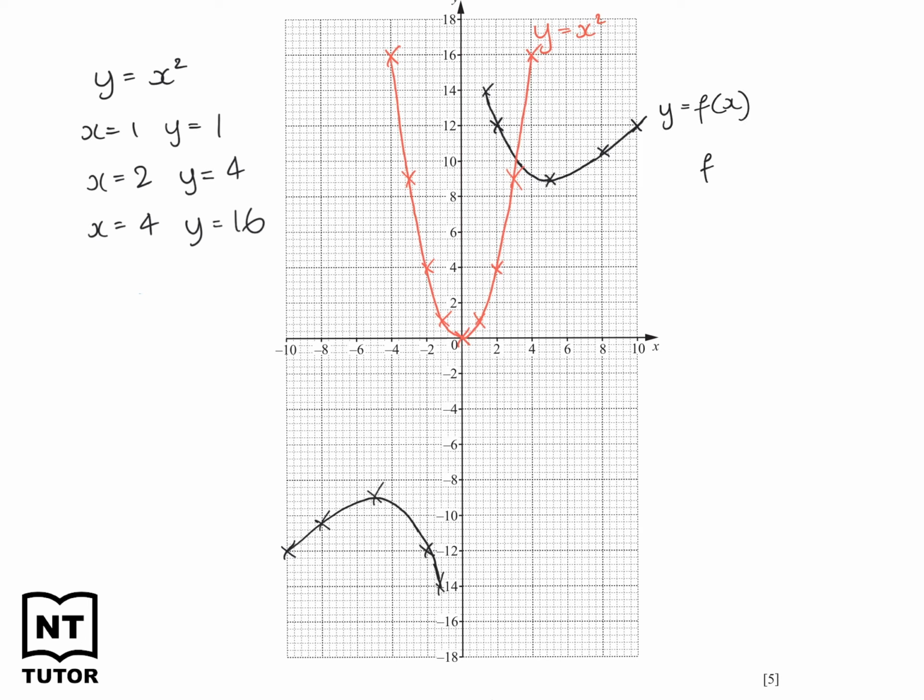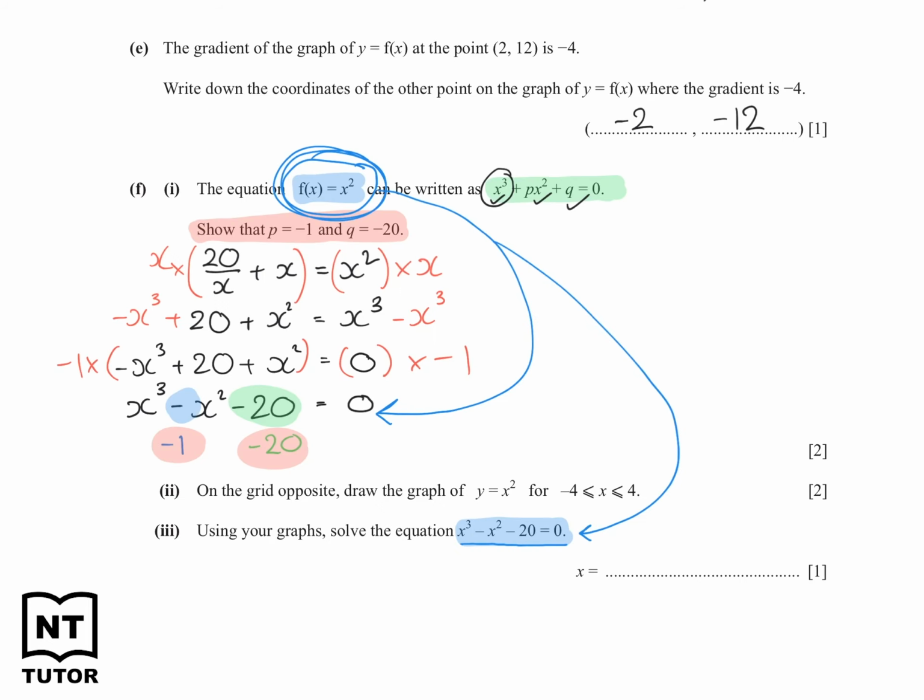So solving f(x) equals x squared is like finding the points of intersection between these two graphs, and that is this point, and this point corresponds to the x coordinate, and that x coordinate corresponds to approximately 3.1. So our solution is x equals 3.1.